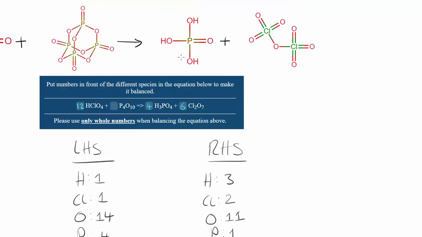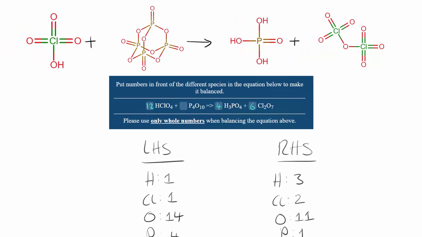And not that we have to do this, but we could also go up here and put a 12 and a 4 and a 6. As you can see, we also adhered to the other requirement, which was to make sure we only use whole numbers. So all of the numbers we've got are integers, whole numbers. So we've also met that requirement too. All right.